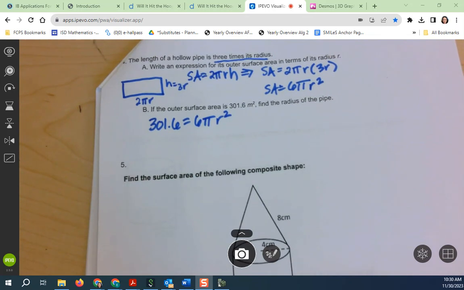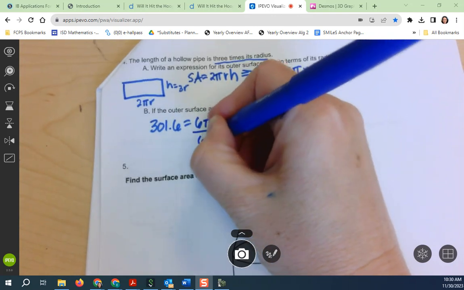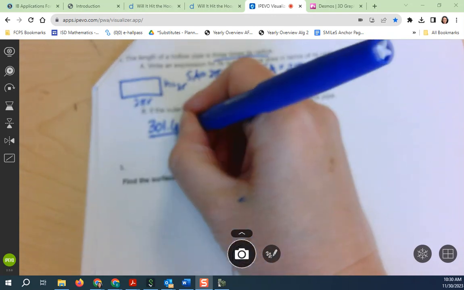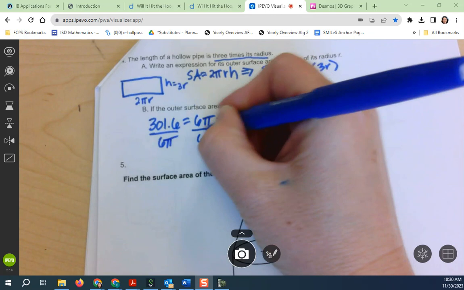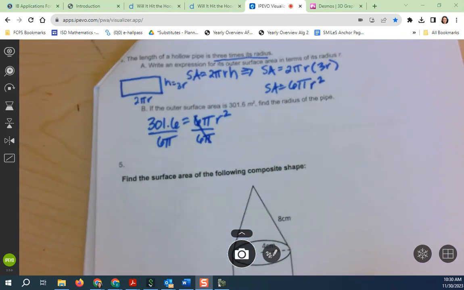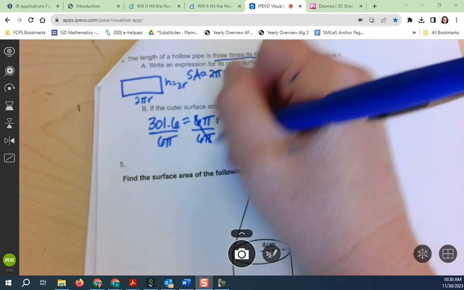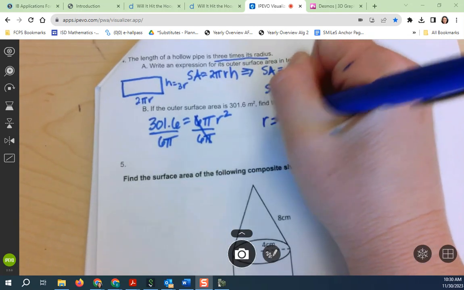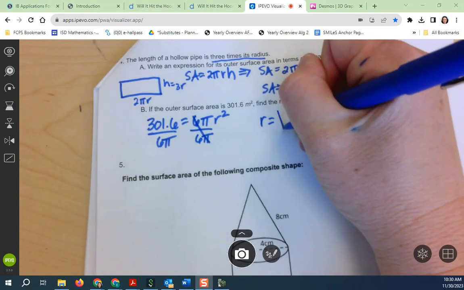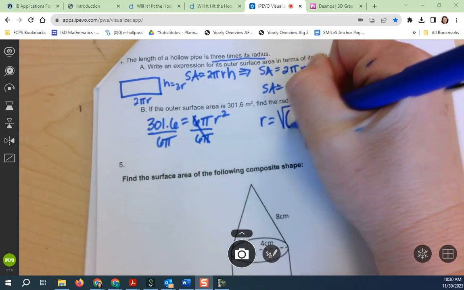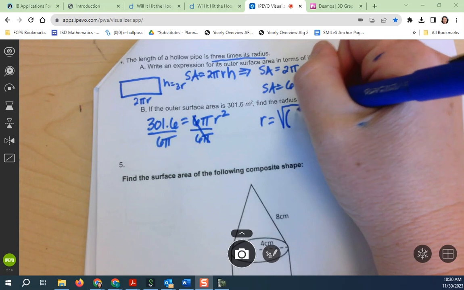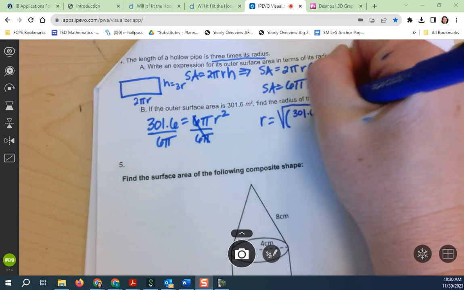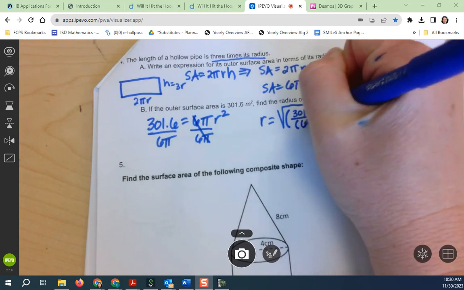When you see that you can divide by 6 pi in the beginning, if you want to write down enough numbers, you can put that in your calculator right there. But if you don't want to write down all the digits, then you could say that r is equal to the square root of all of this. 301.6 over 6 pi.